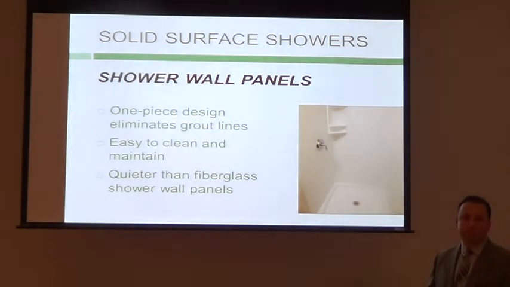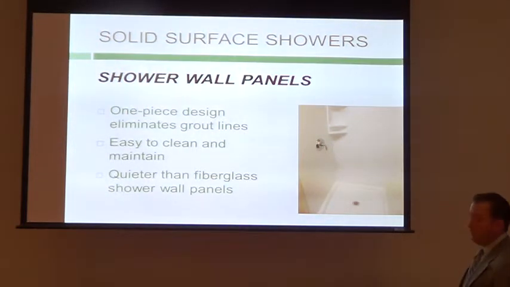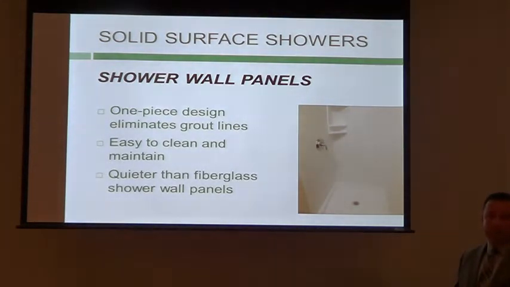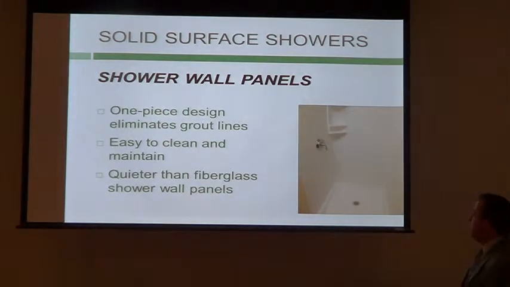Sometimes the installation isn't done perfectly. So when they're scratching their head and pulling their hair out, they like the fact that there are no grout lines, no mold or mildew availability. In fact, the solid surface is going to defeat that mold and mildew at the surface. Easy to clean and maintain because it's a smooth surface, as opposed to a tile.